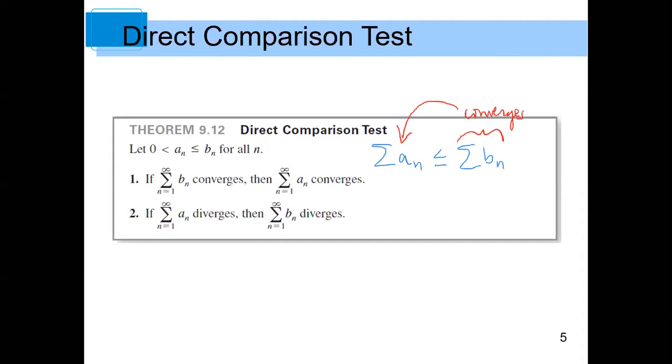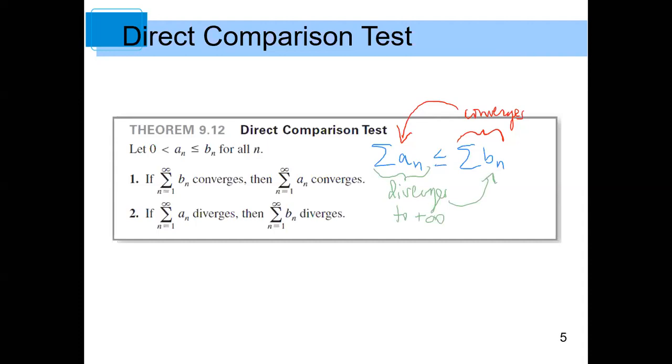Yes? Okay, on the other hand, what if series a_n diverges? What could I say then? If this guy diverges, what does that say about the series that's above it? Yeah, this thing diverges also, right? Diverges technically to plus infinity. That's actually important in this particular case.